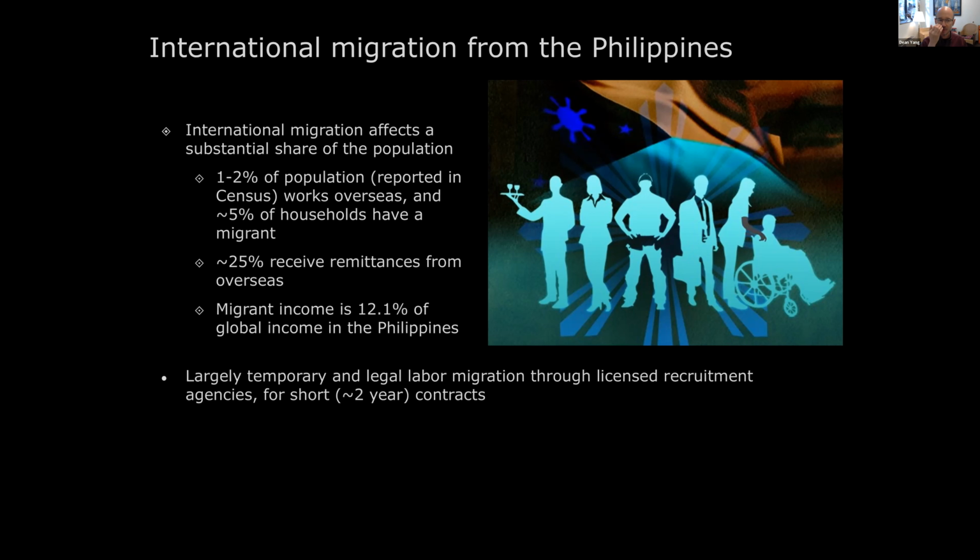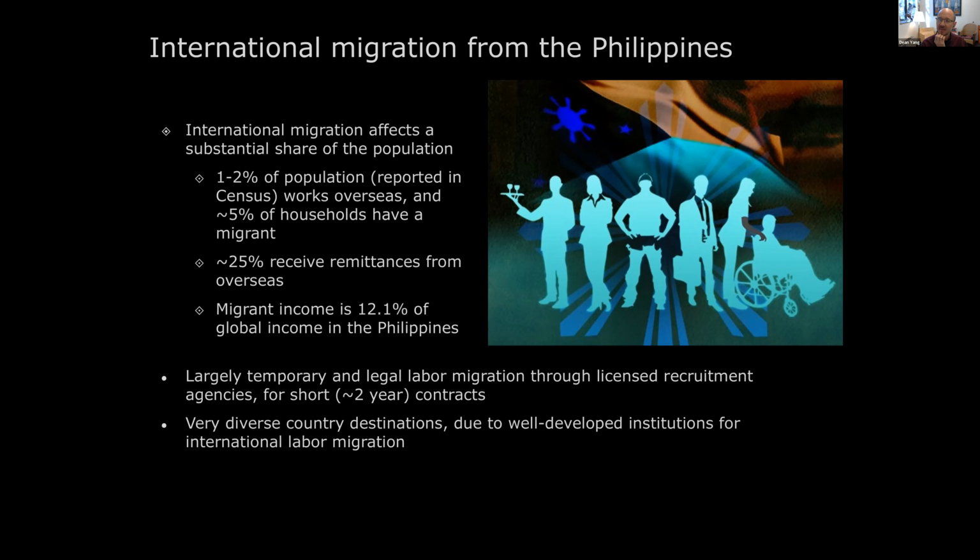Now, this migration is largely temporary and legal labor migration through licensed recruitment agencies, typically on short 2-year contracts that people can renew regularly. Filipinos go to a wide variety of different destinations around the world, reflecting the fact that they have, for a number of decades, had increasingly well-developed institutions to regulate and promote international labor migration.